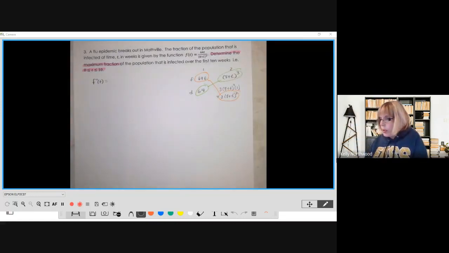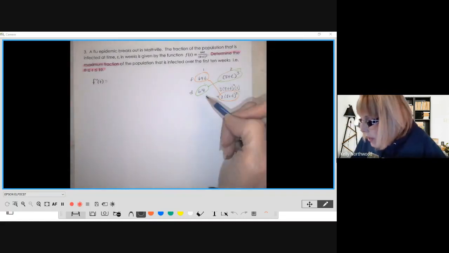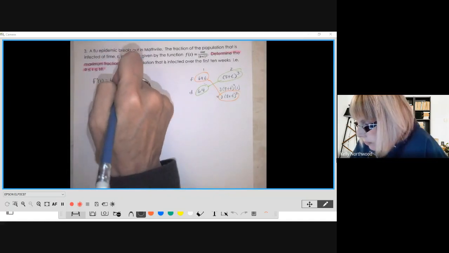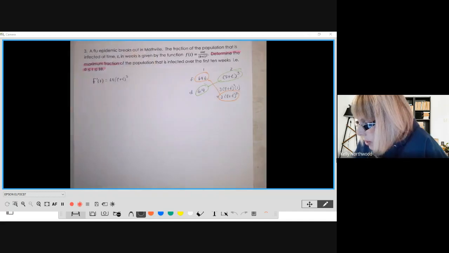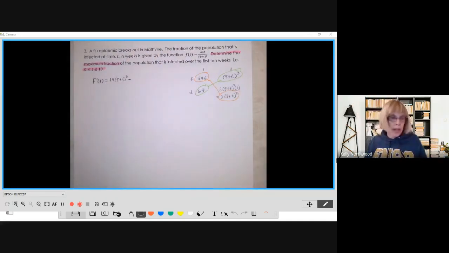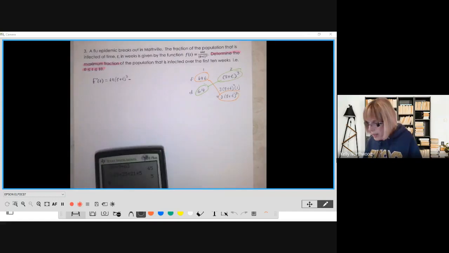Remember, we're using the quotient rule. So that's going to be derivative of the first times the second, minus the first times the derivative of the second. So I'm going to multiply the 3 and 64t together.